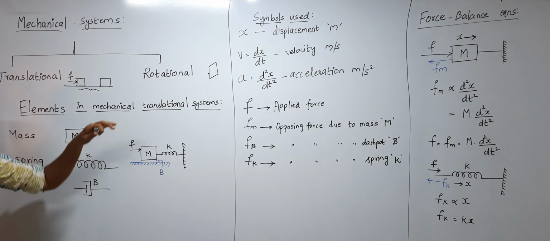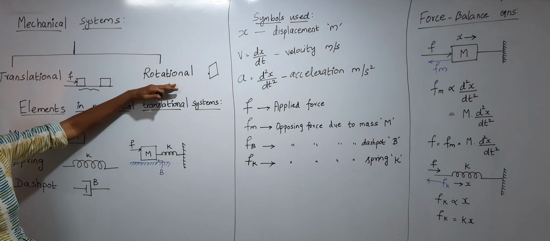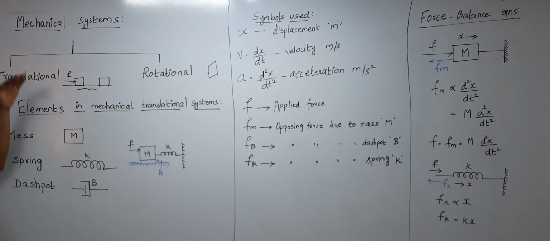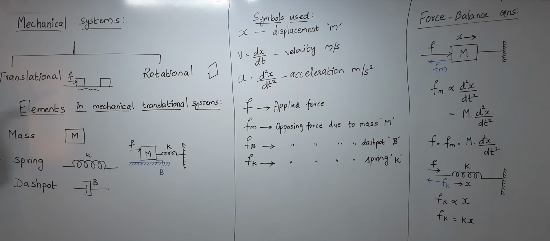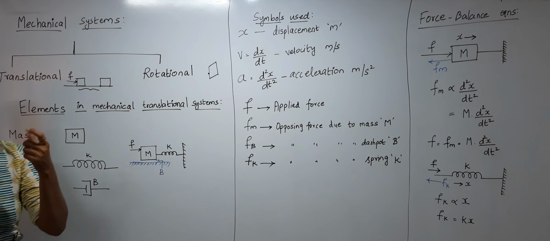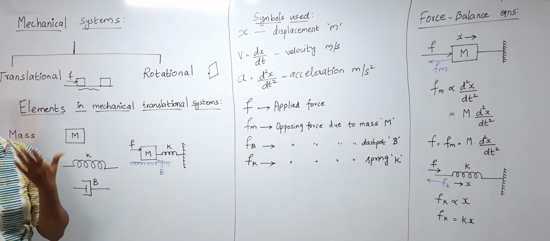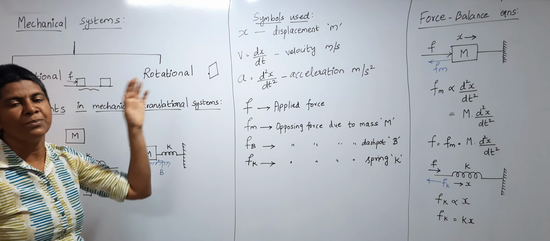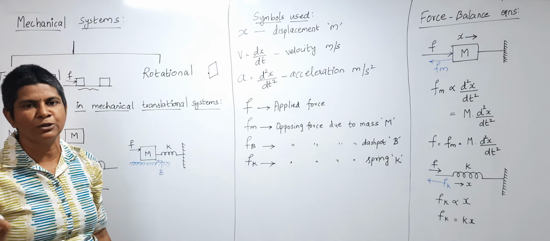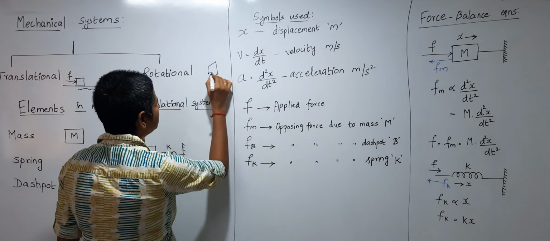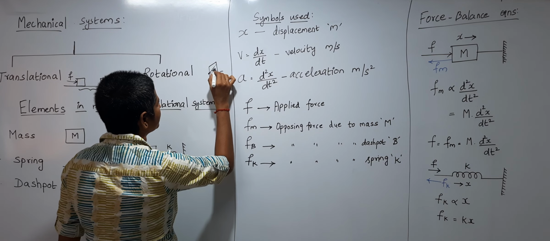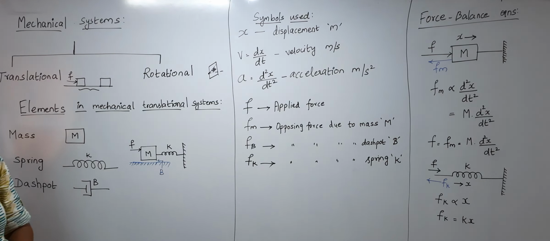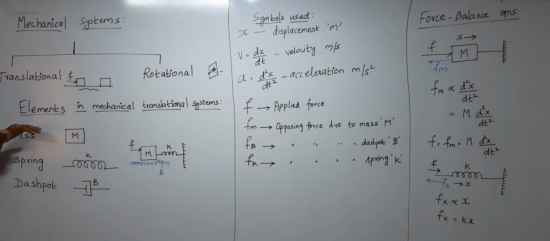This is the example for a rotational system. In a translational system, we measure the displacement in meters, centimeters or whatever it may be, whereas in a rotational system, the measurement is always with respect to some reference angle, theta.